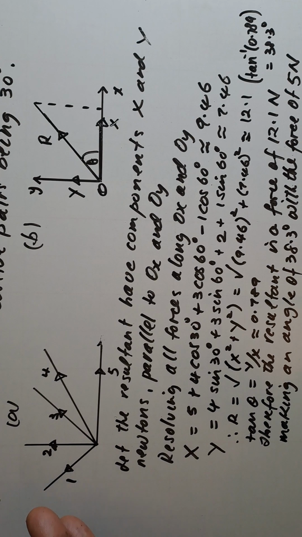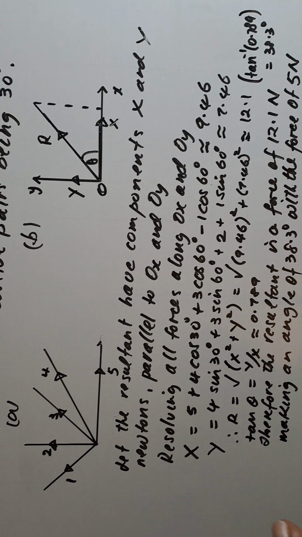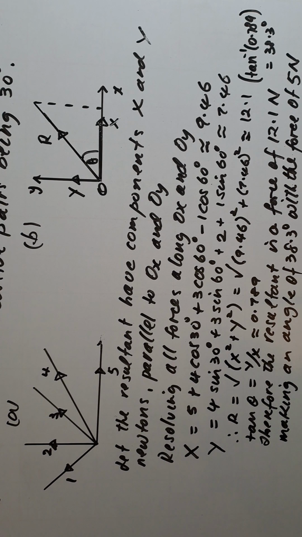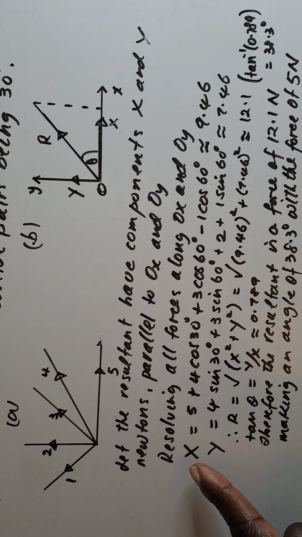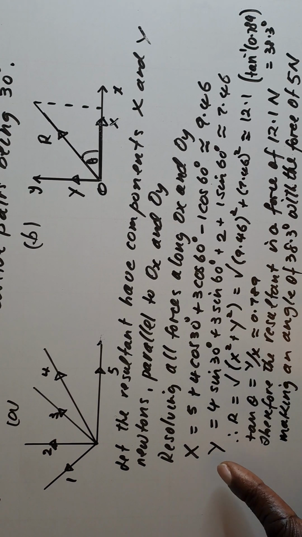Here on the left, A is our diagram of the 5 coplanar forces with an angle between consecutive pairs being 30 degrees. On the right is the resultant and the 2 components of the resultant, the X and the Y components. Then we moved on to resolving the forces, both in the X direction and the Y direction, or the OX direction and the OY direction.